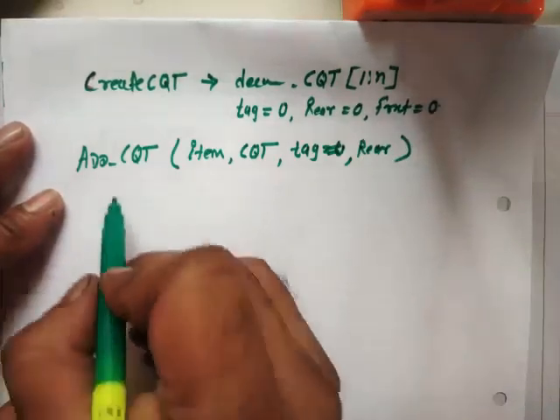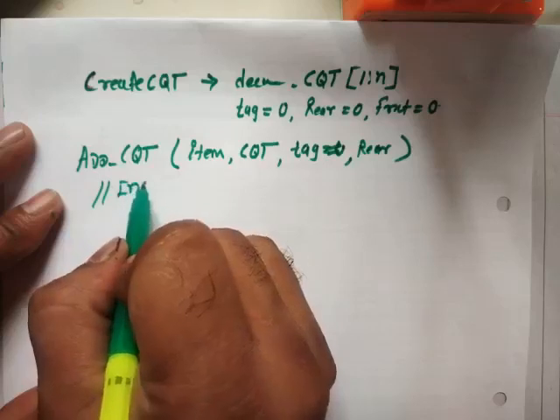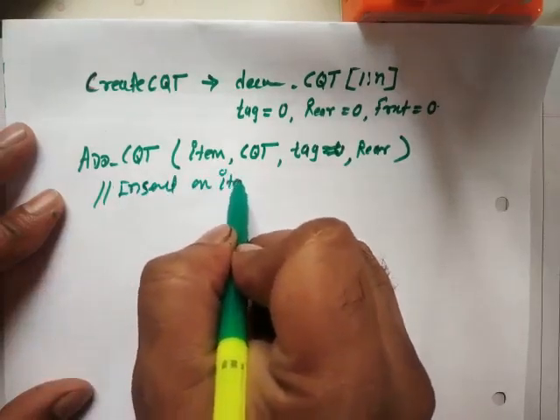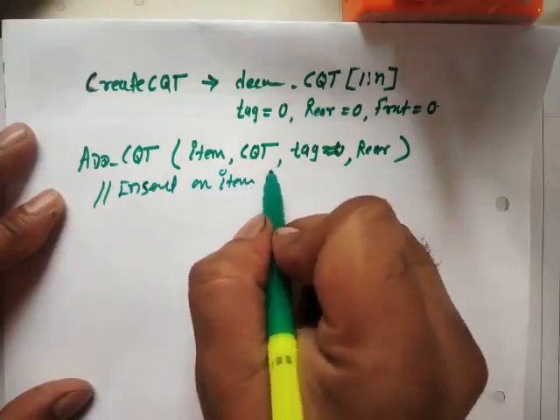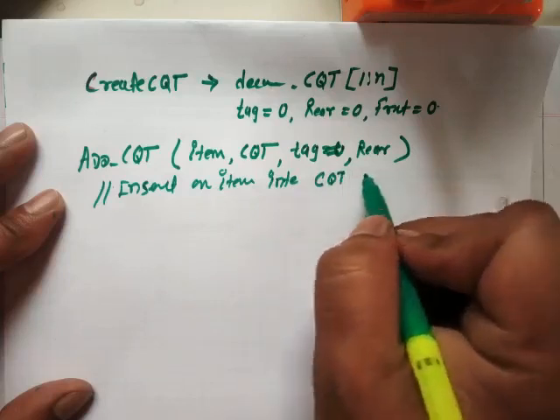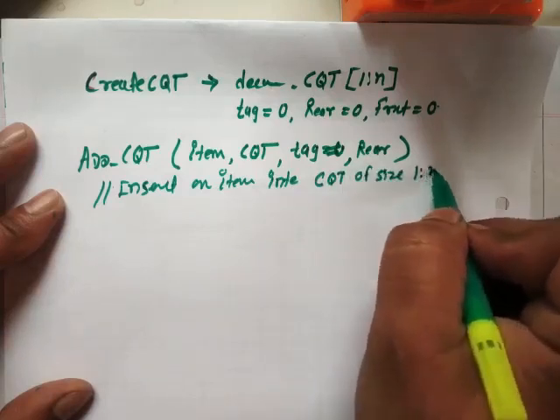Basically this algorithm inserts an atom into the array CQT of size 1 to n.